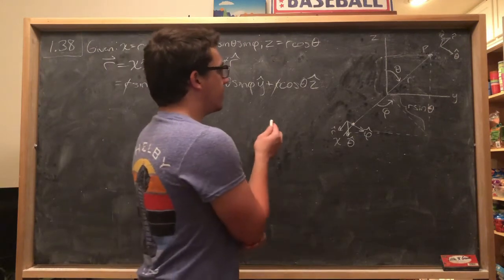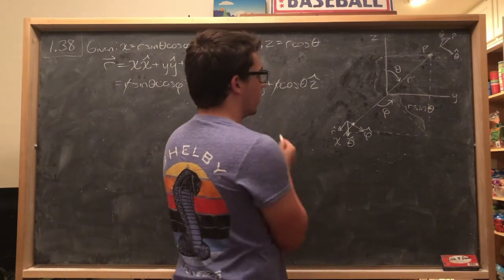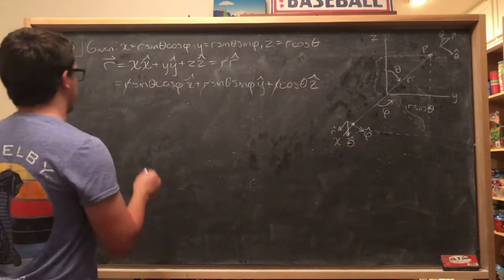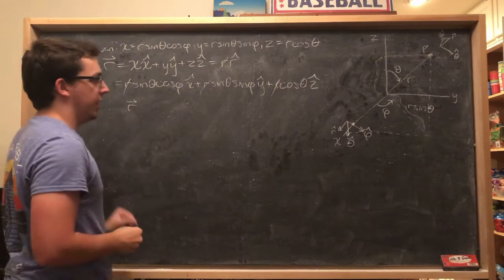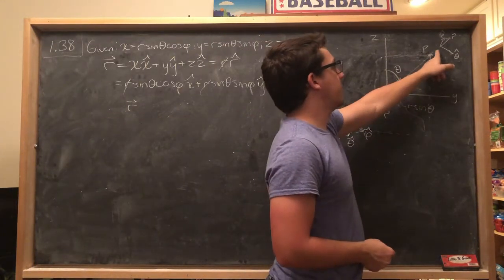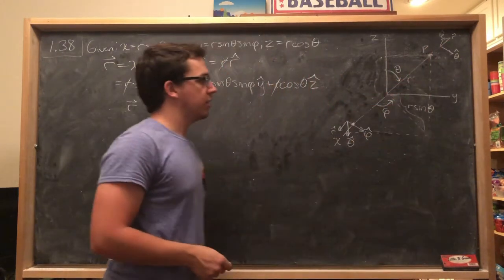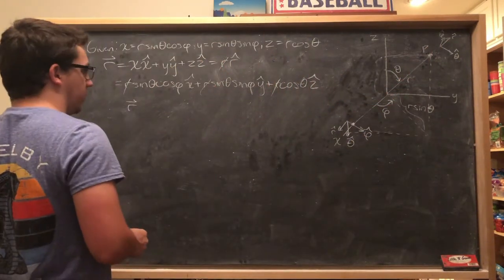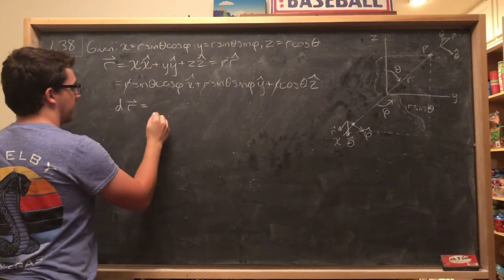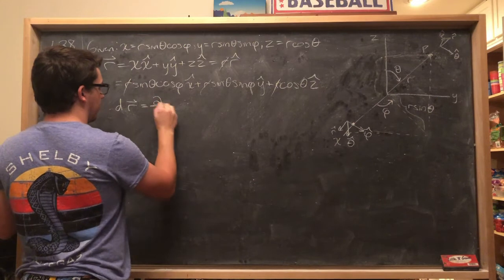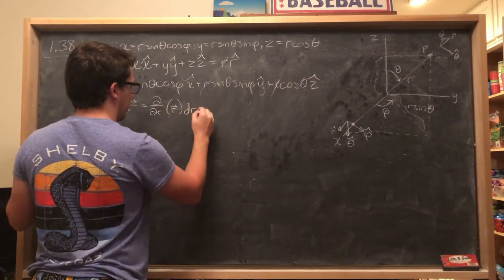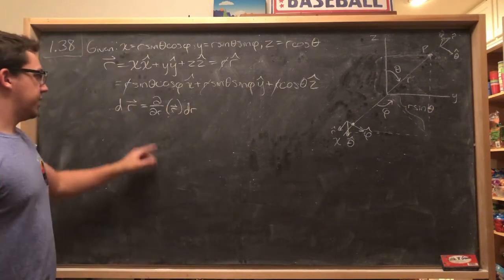Let's say we have this displacement vector r, and we wanted to change our r by some amount in the r hat direction. How would we do that? Well, we would say that dr then is equal to the derivative of r with respect to r, like this.